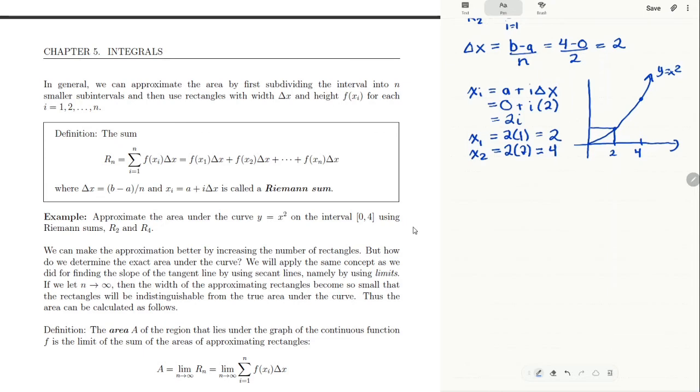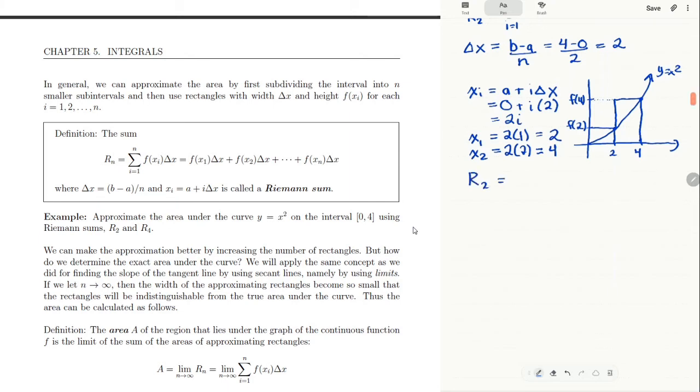The first rectangle will have a height of f of x1, which is f of 2. And the height of the second rectangle is given by the function value at the second x-coordinate, which is 4. So f of 4 is the height of the second rectangle.